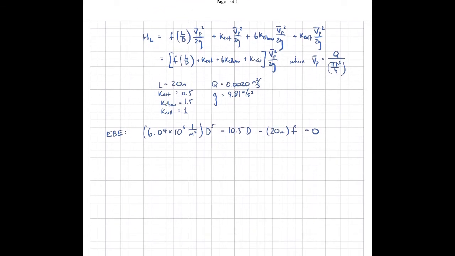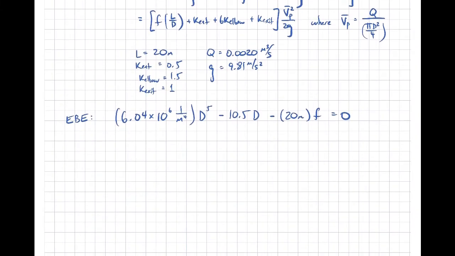Now, some supporting equations that we'll use along the way. We'll need to be able to calculate a Reynolds number because that shows up when trying to find the friction factor. So the Reynolds number will be the velocity in the pipe times the pipe diameter divided by the kinematic viscosity of the water.